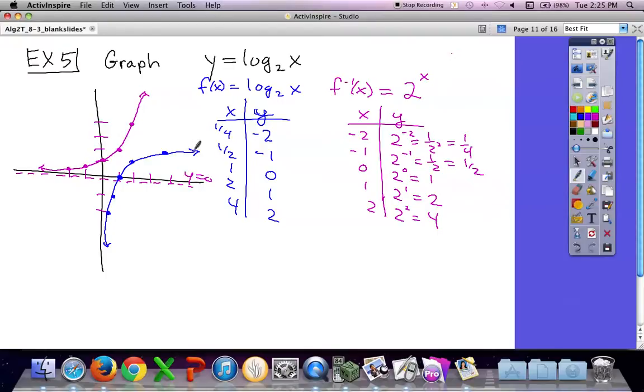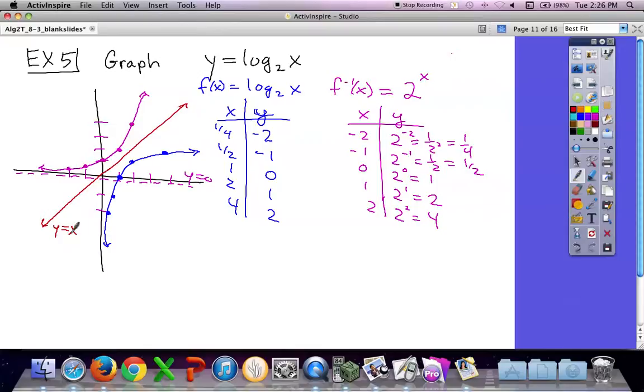Okay, so what we learned about the graphs of inverses is they should look like they are reflections across the line y equals x. So I'm going to sketch in the line y equals x. I mean, it should be a mirror image. If you can tilt your head and just look, that flips down there.